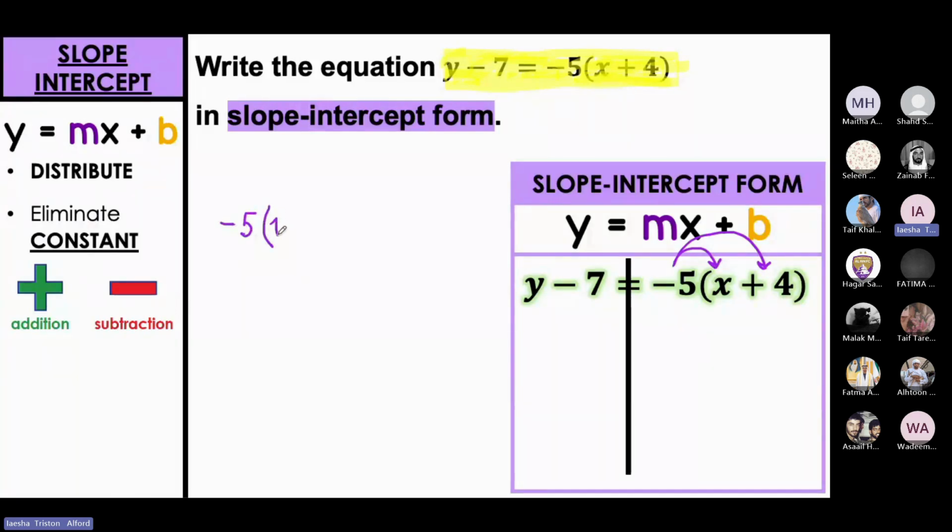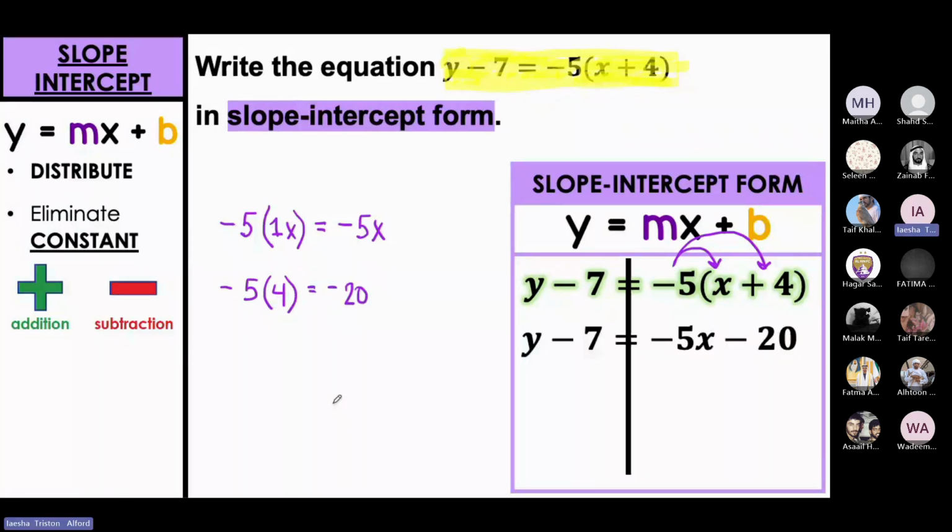You have -5 multiply positive 1x, going to give you -5x. And then -5 multiply positive 4, going to give you -20. So -5x subtract 20 is what you should write there.